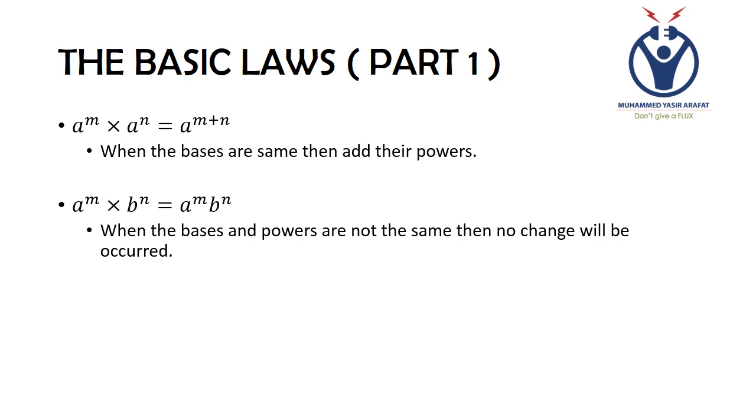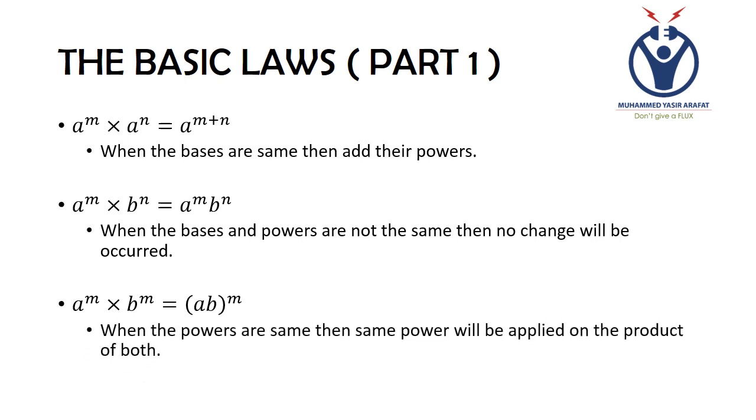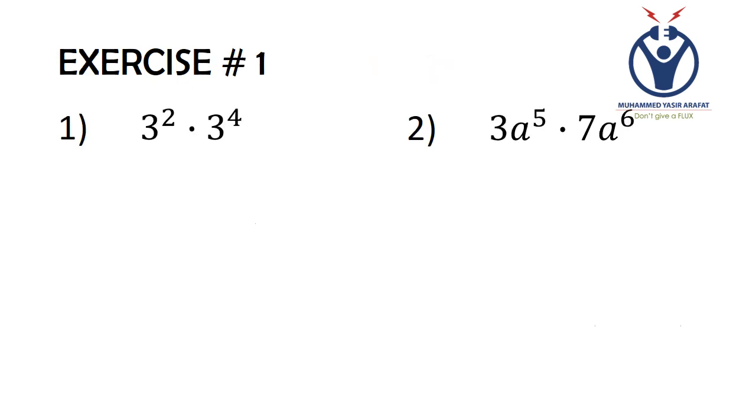In the second part, where the bases are different but the powers are the same, we are discussing all these situations for the multiplication of indices. In this case, you write the index a single time on the product of the bases.